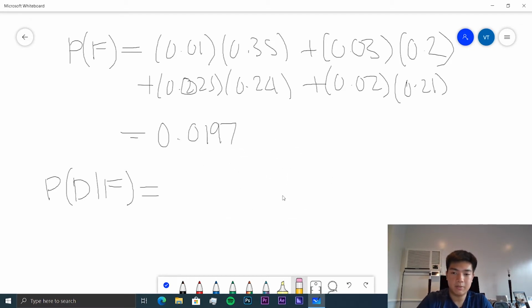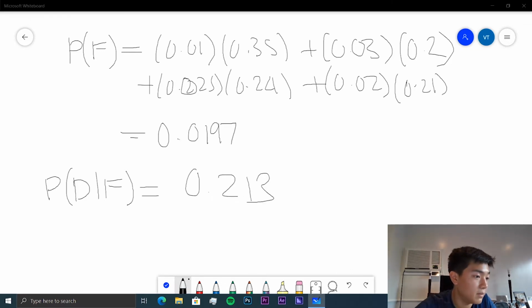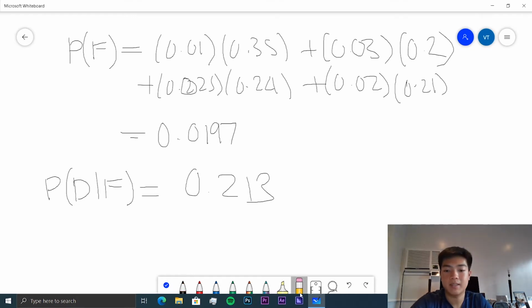And so this is equal to 0.02 times 0.21 divided by 0.0197. So this is equal to around 0.213. I believe, yes, that is correct.